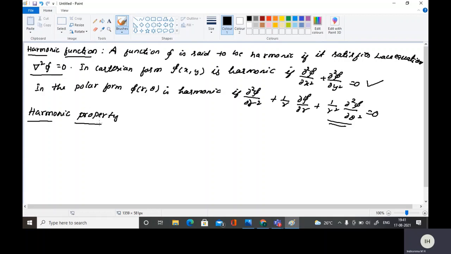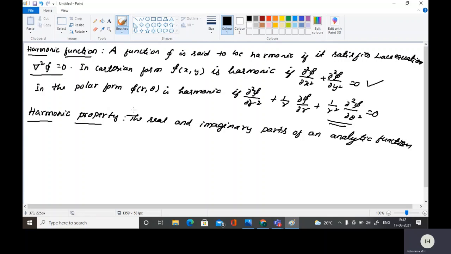The harmonic property says that the real and imaginary parts of an analytic function are harmonic.